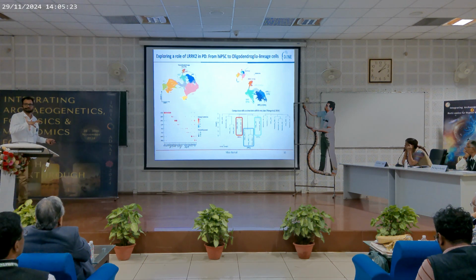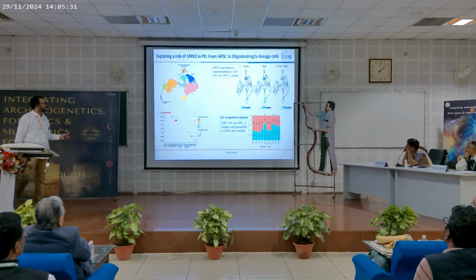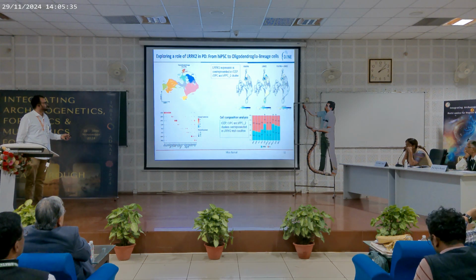Just to confirm that the cell types we are generating are indeed similar to what we find in the brain. And again, for PDGFRA we have very restricted expression in OPCs, while for this particular LRRK2, which is a PD-related gene, we see more spread of expression.